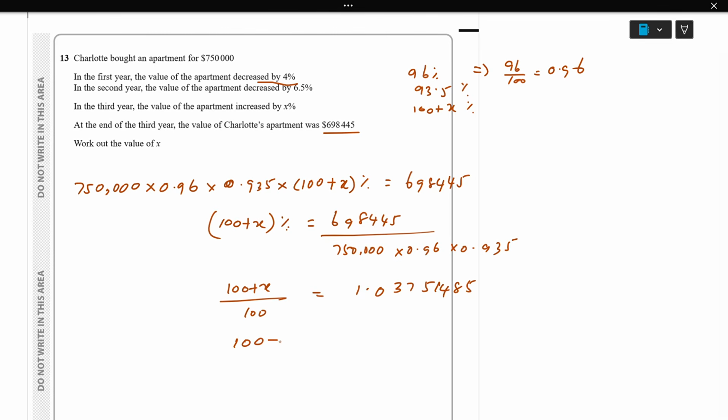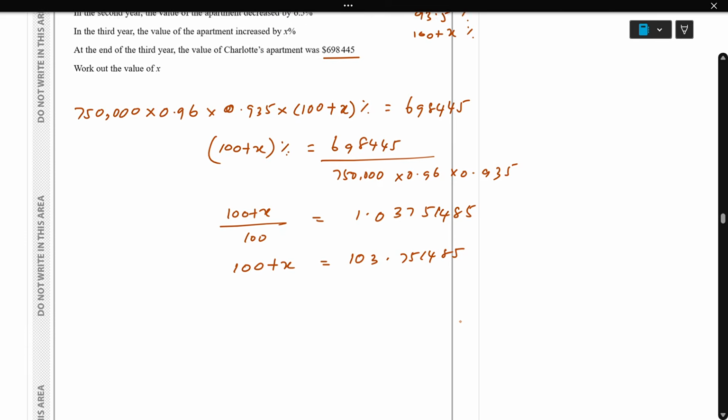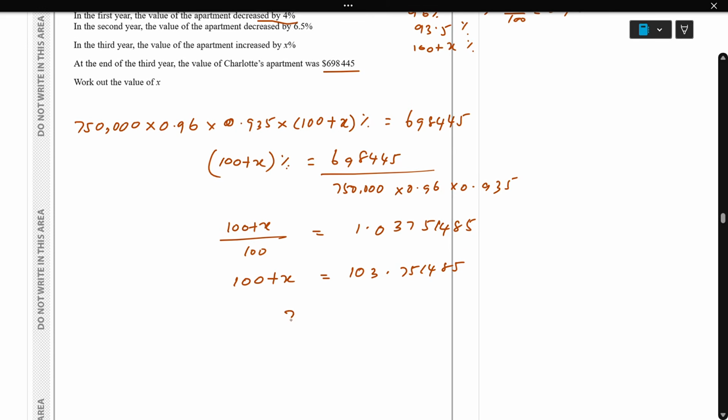Then 751485, this is not required, but still I'll write it. Next, 100 plus x, when you bring the 100 to the right side it becomes multiplication, so it's going to be 103.751485.